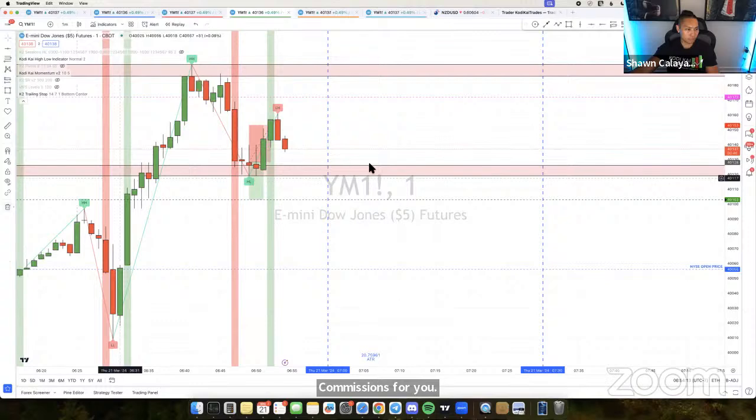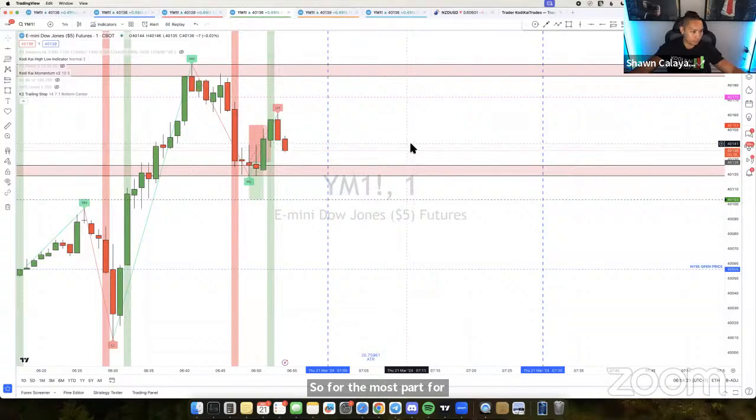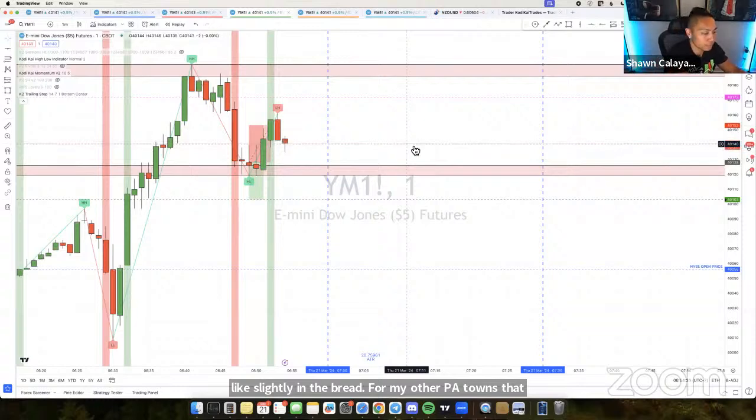All right, so let's see. For the most part, my new PA accounts are slightly in the red. My other PA accounts that are already active are at break even. You'll see my profits are slightly different across the board for the week because some of my accounts took the trades on Monday, Tuesday, Wednesday, Thursday, and some of them just took trades for one day.